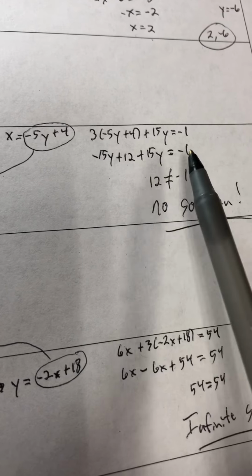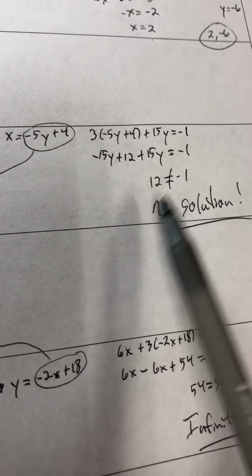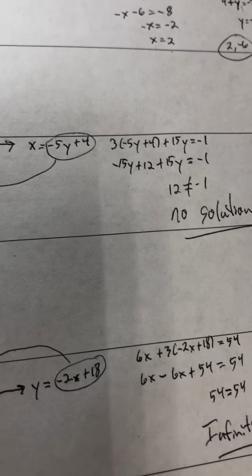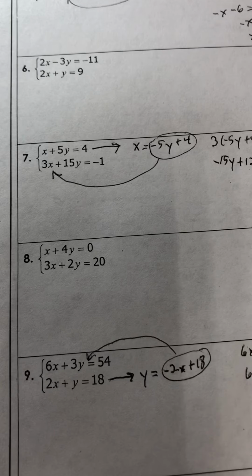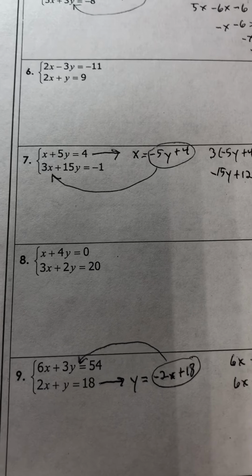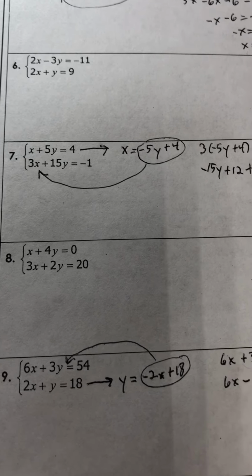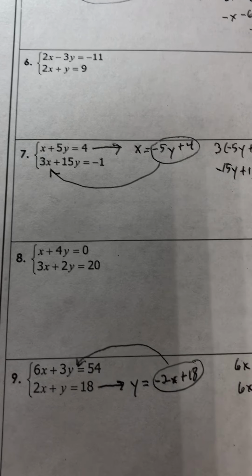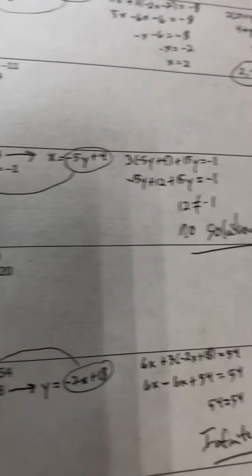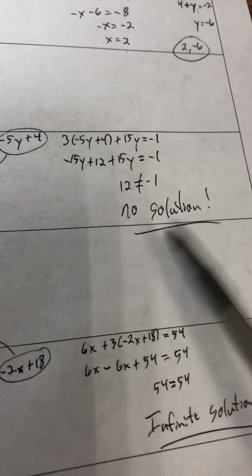And I just have a 12 on the side of -1. 12 does not equal -1, so it's no solution. If you were to rearrange these and put them both into slope-intercept form, you'd see that they have the same slope. Okay, they're not the same equation, but they're the same slope. So that means they're never going to intersect, so there's not going to be a solution.